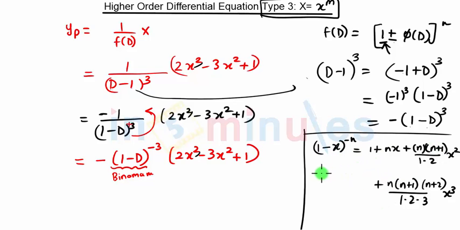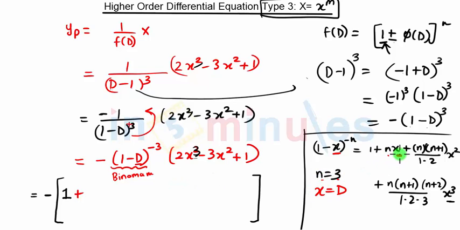In our case, n is nothing but 3 and the highest power of x is cube, so we will expand till x cube. The minus sign will remain as it is, and here we expand 1 minus d the whole raised to minus 3. The first term is always 1. Then we have n into x; in our case x is d and n is 3, so the second term is 3 into d.